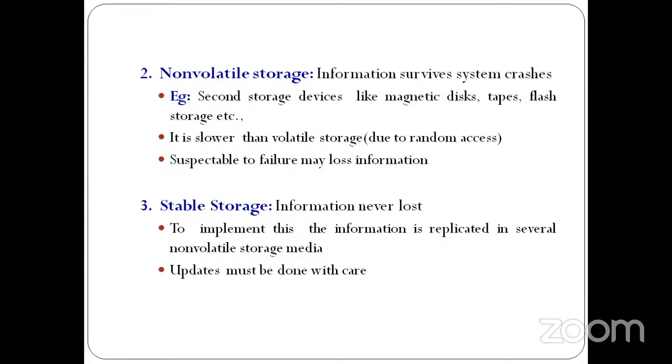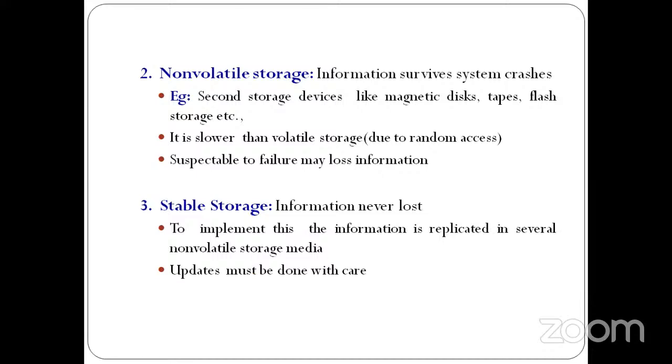Coming to this one, the information will survive even if a system fails or even if hardware fails. Examples are secondary storage devices like magnetic disks, tapes, flash storage, etc. It is slower than volatile storage due to random access.